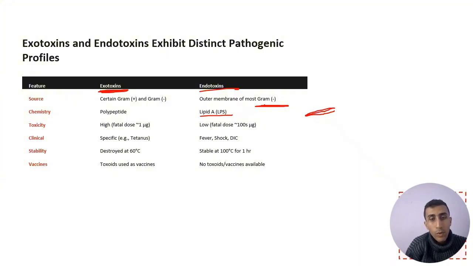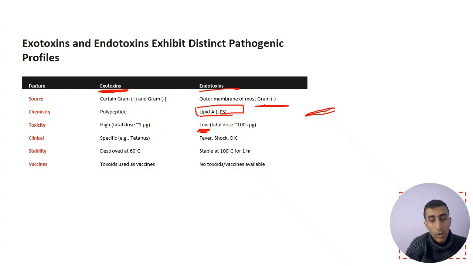So the lipid A component of the lipopolysaccharide of the outer membrane of gram-negatives is essentially the endotoxin, and by being a part of the bacteria, it has low toxicity.